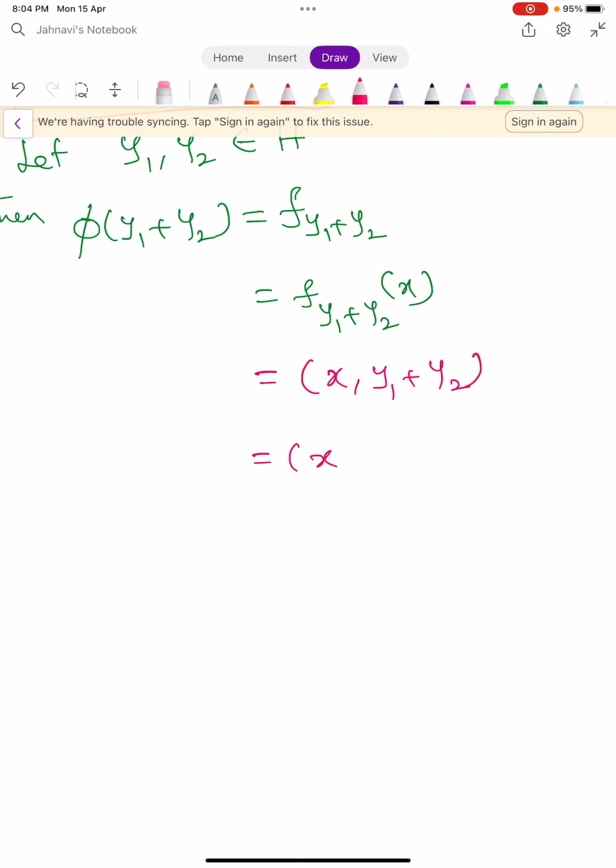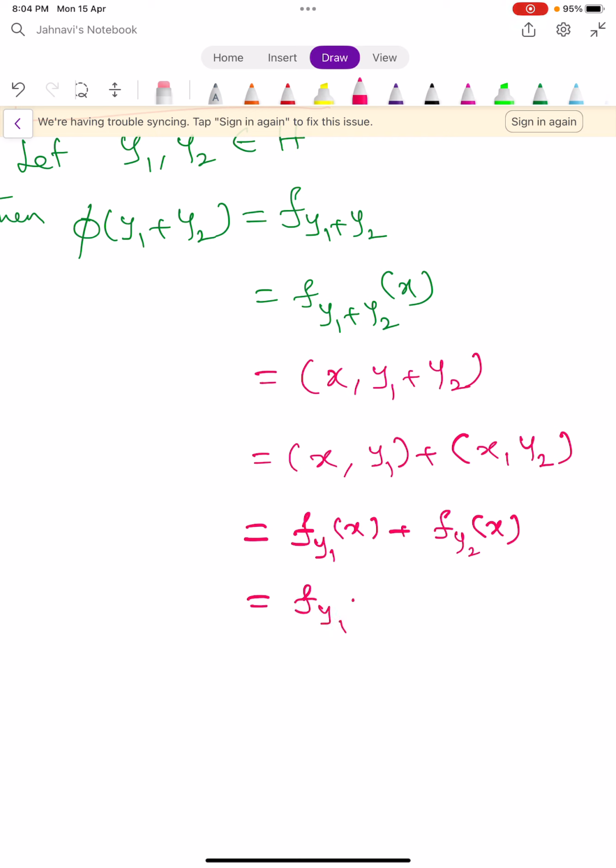Again, it can be written as the inner product of x comma y1 plus the inner product of x comma y2, which is equal to fy1 of x plus fy2 of x, which is equal to fy1 plus fy2, which is equal to pi of y1 plus pi of y2.